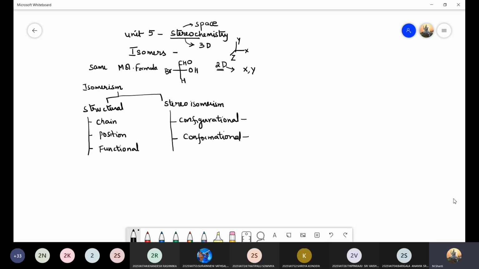That is not possible in the case of configurational isomers. These are the stereoisomers which are non-superimposable mirror images.